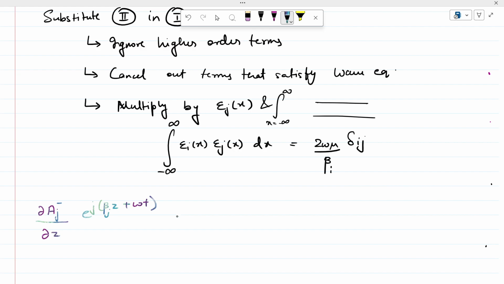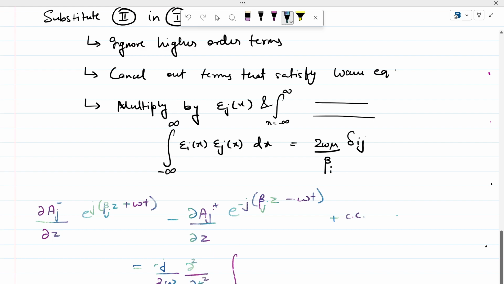So the change in amplitude of the backward propagating wave, minus partial of Aj plus over partial z times e to the power minus j(beta j z minus omega t), plus the corresponding complex conjugate terms, is equal to minus j over 2 omega, partial square by partial t square, integral from minus infinity to plus infinity of P part over x, Ej of x dx.